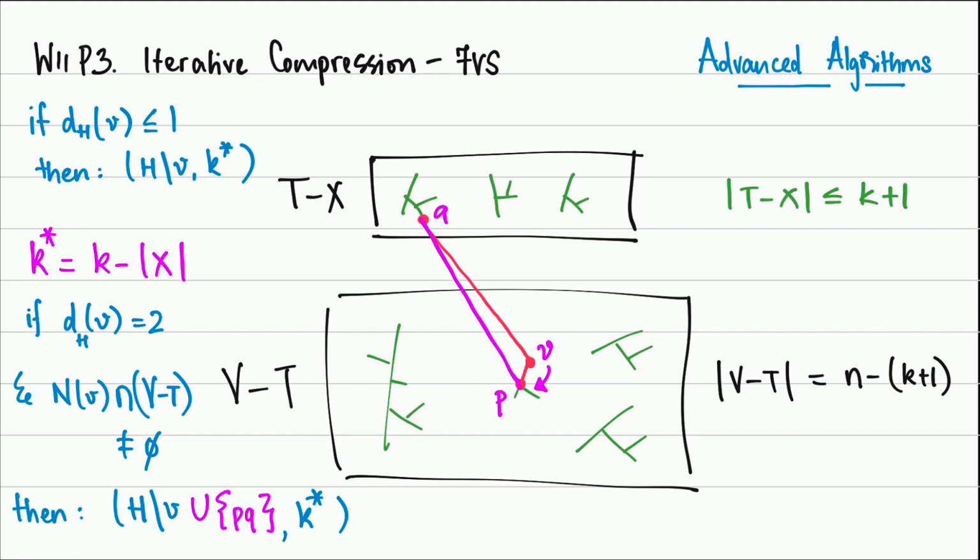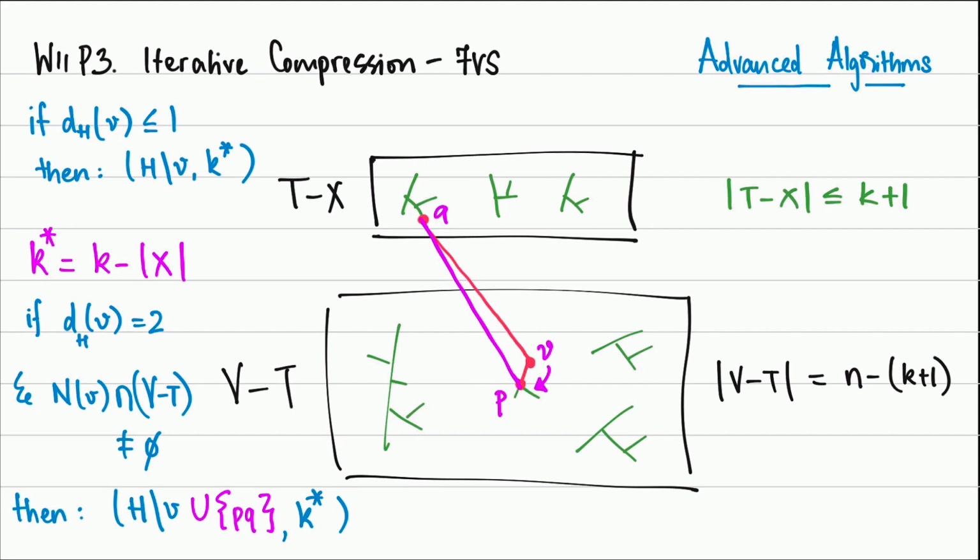And now let's think about what we have achieved with all this. What is the structure of the graph when it's simplified with respect to all of these simple rules that we came up with? Just to quickly recap, what we said is that if you have a vertex in V minus T, which sees at least 2 vertices in the same tree of T minus X, then we force that in our solution.